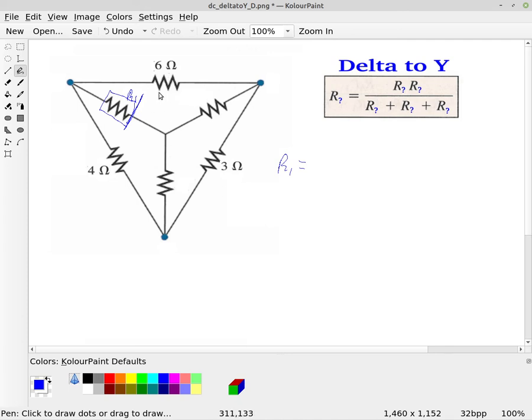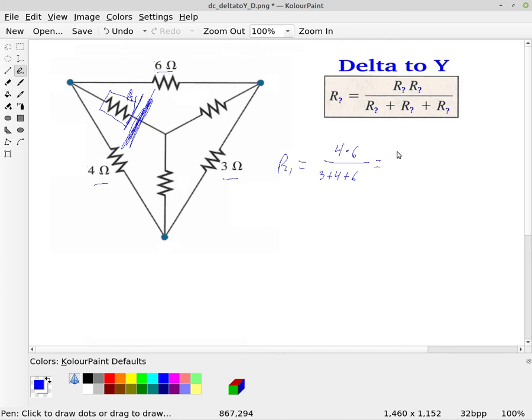This is R1, so I'm going to take these two that it's kind of in parallel with. So we multiply, we're going to take 4 times 6 divided by the sum of all of them. So it's going to be 3 plus 4 plus 6. That's the sum of each one. It doesn't matter which order you add them in.